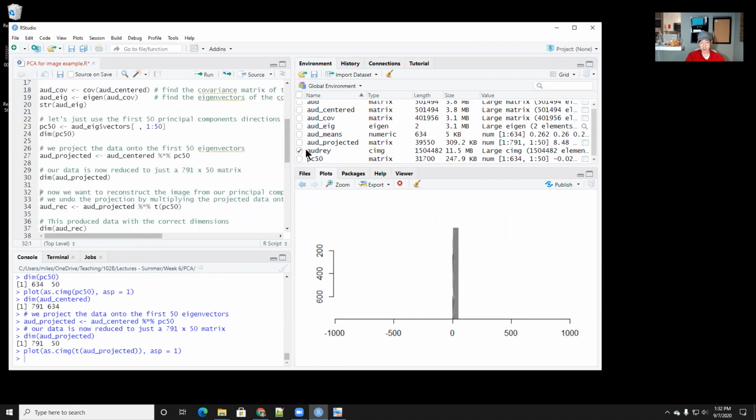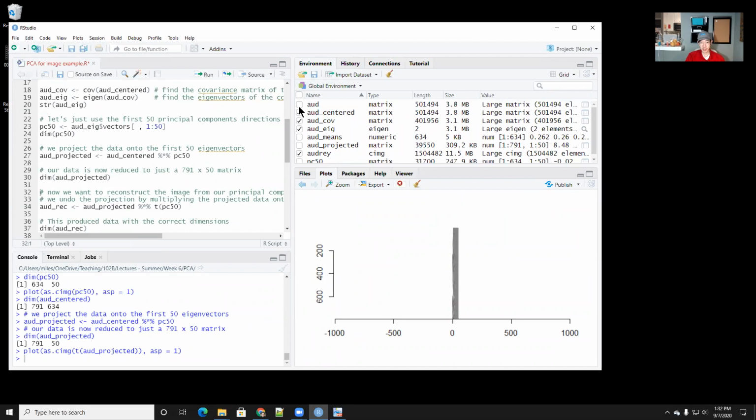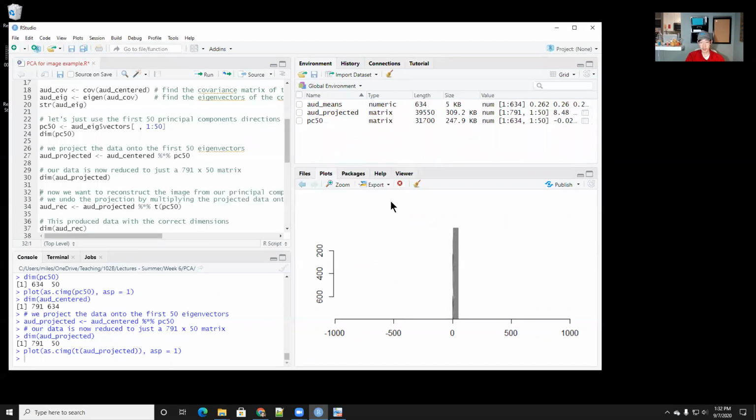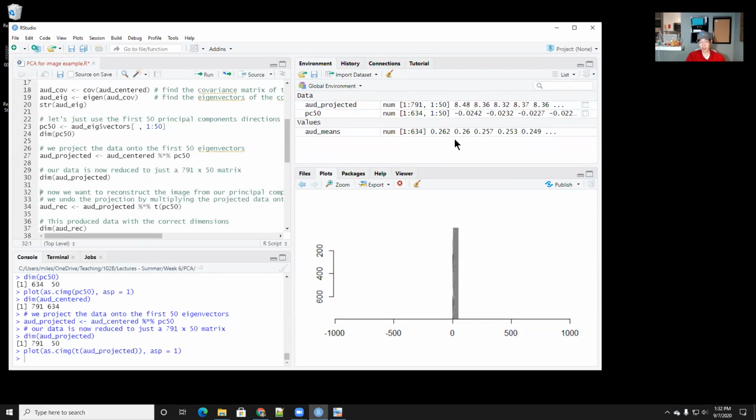If I go through and delete all of this other stuff, now we've reduced the amount of stuff that I've stored. I just have the projected data, the 50 principal component directions, and the original vector of means. So I've reduced this, and we can transport it, which is a lot less data to transport.